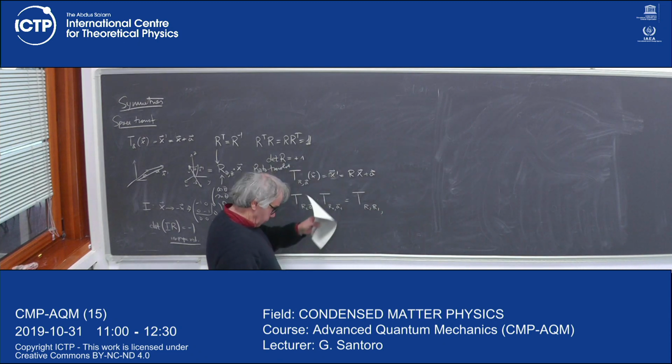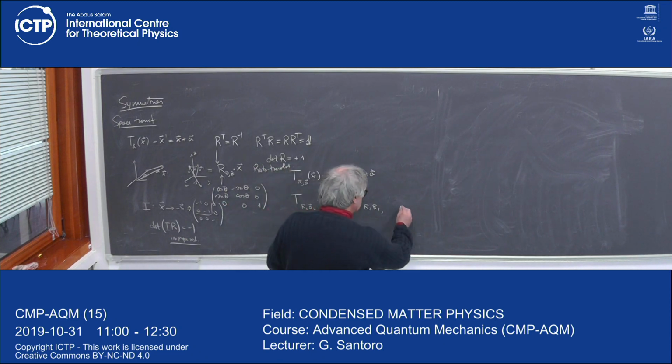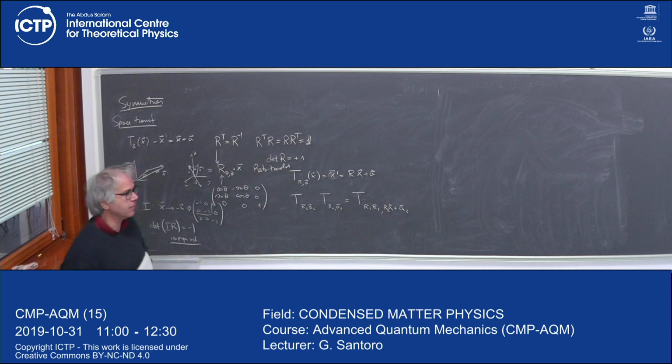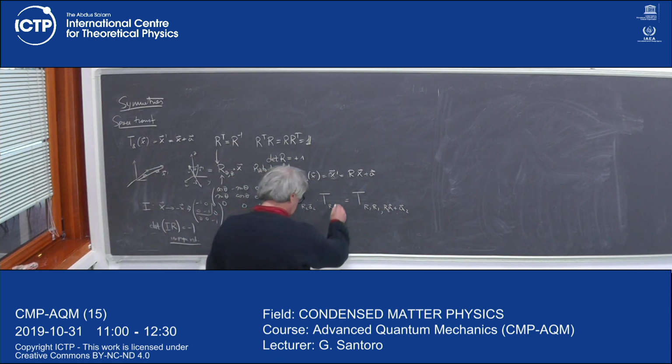But you should be careful with the translation. The translation is A2 plus, not A1, but rather R2 A1. So the translation vector is not the sum of the two translations, for an immensely simple reason. Apply this to X. This object is R1 X plus A1.